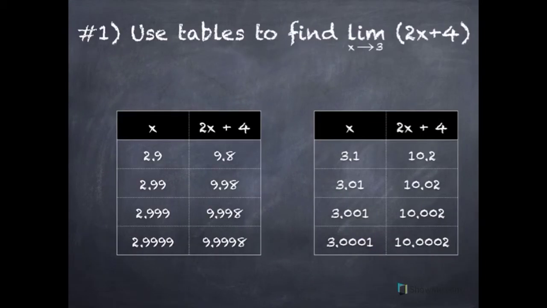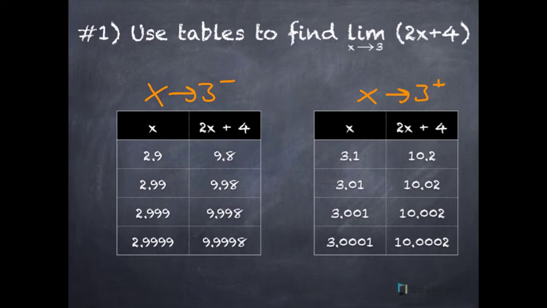Here's an example problem. Use tables to find the limit of 2x plus 4 as x approaches 3. So to figure this out, we're going to have to approach 3 from the left, which is what we see here. X is approaching 3 from the left, and we're going to have to approach 3 from the right.